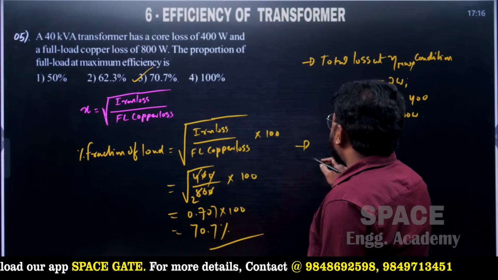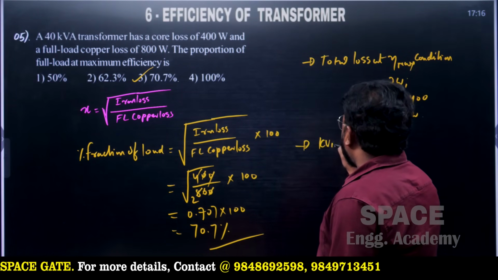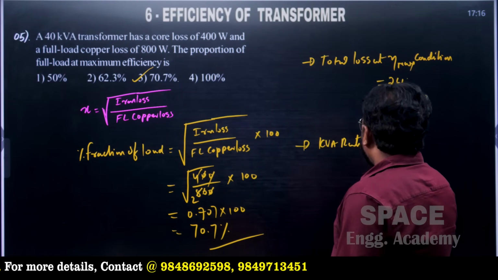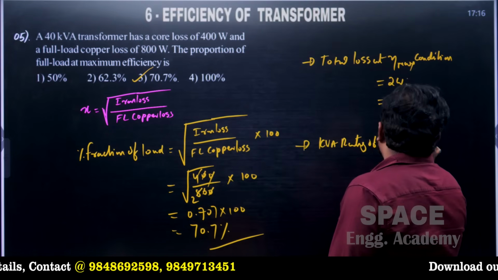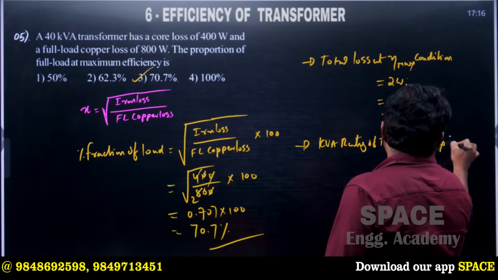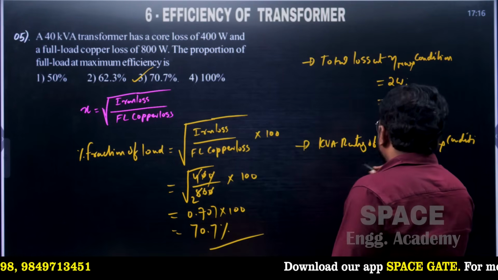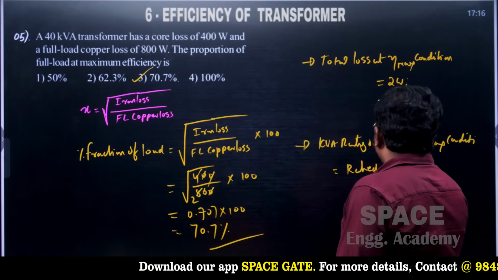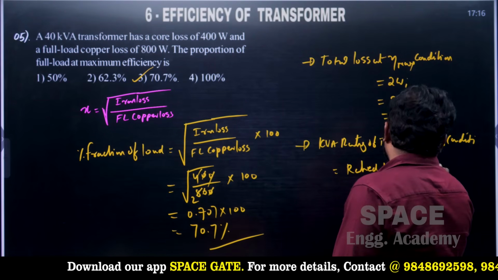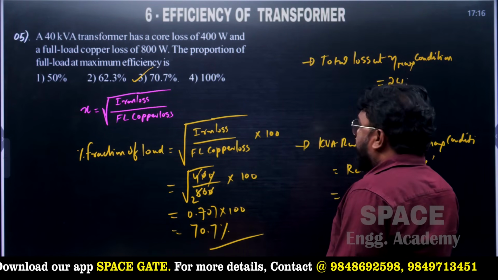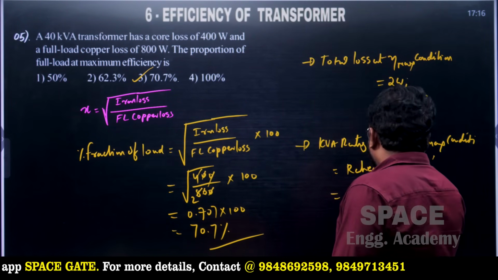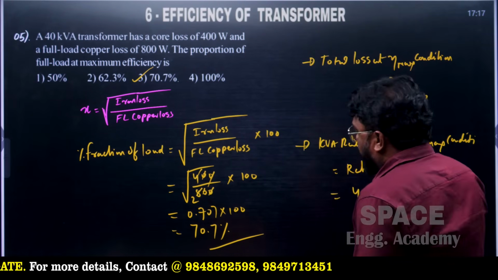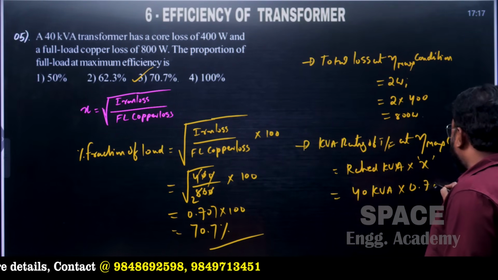And next, one more possibility of the question: kVA rating of the transformer at maximum efficiency condition. How do we get kVA rating? That is equal to rated kVA multiplied by the fraction of the load. Rated kVA is equal to 40 kVA, so 40 into x, which is 0.707.